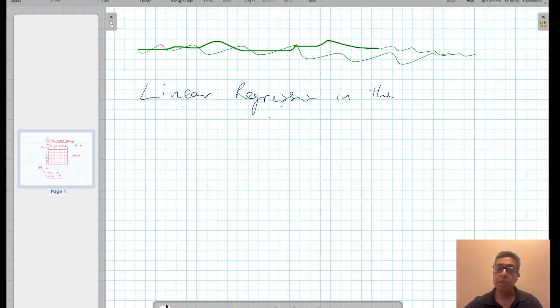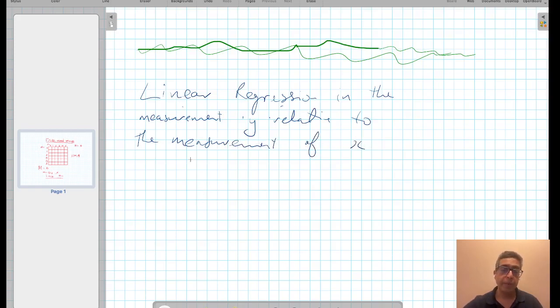So, in the measurement y relative to the measurement of x. So what do I mean by that? What we're talking about here is measuring pairs of variables.